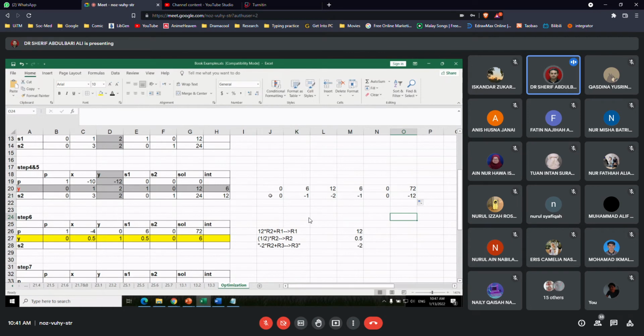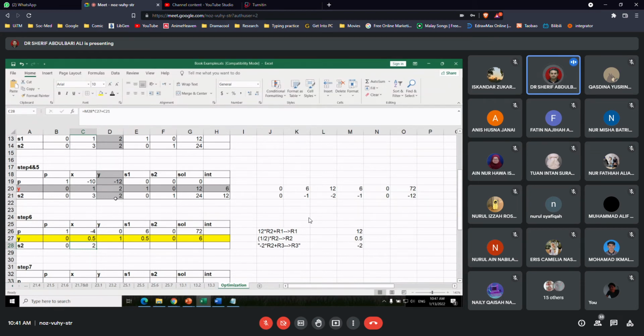Now if these values minus those values, what are you going to get? 0 minus 0, so the answer is 0. 3 minus 1, so you are going to get 2.